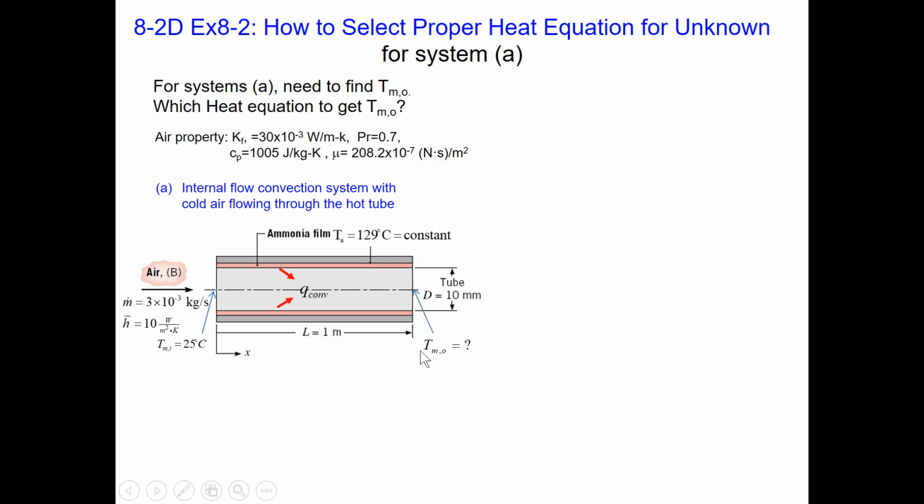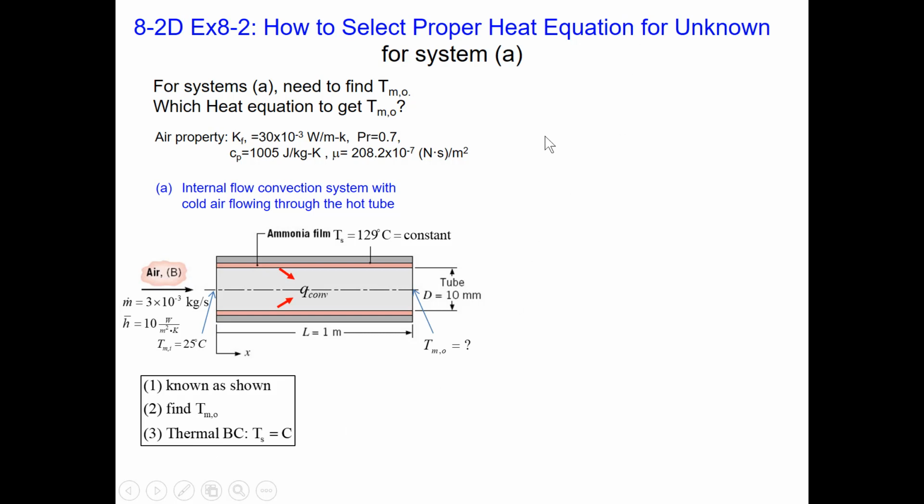We're looking for the flow temperature at the outlet.